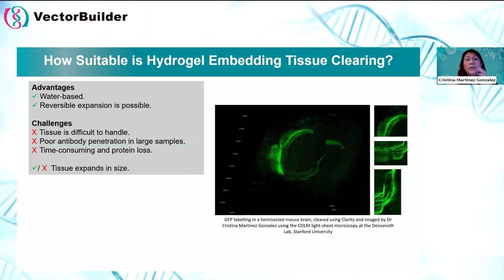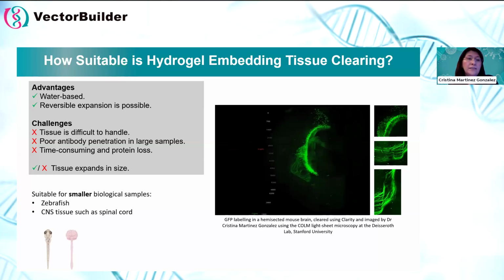The opposite, the tissue will expand in size, which, if your sample is small, like an organoid or a mouse brain, is okay. But if I try to expand a rat brain, there is no microscope out there that will easily image my entire sample. And of course, large volumes mean much, much more data, which is something to consider.